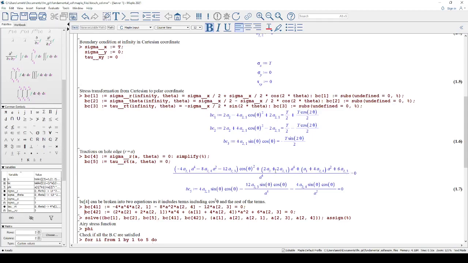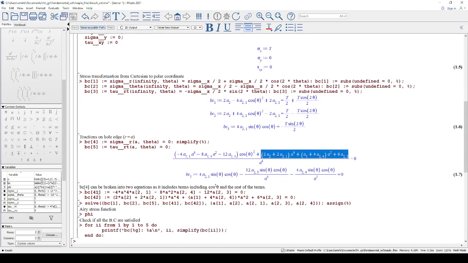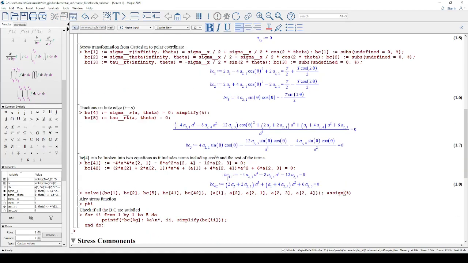So we can break this into two separate equations: this equal to 0, and the rest equal to 0. So I rewrite them as BC4.1 and 4.2, the new version of the boundary conditions. And now I have my BC1, BC2.